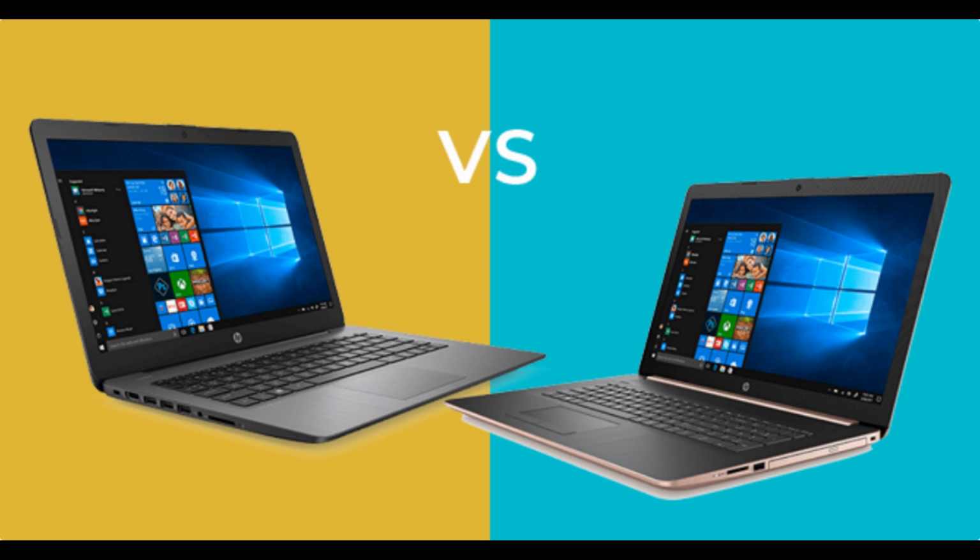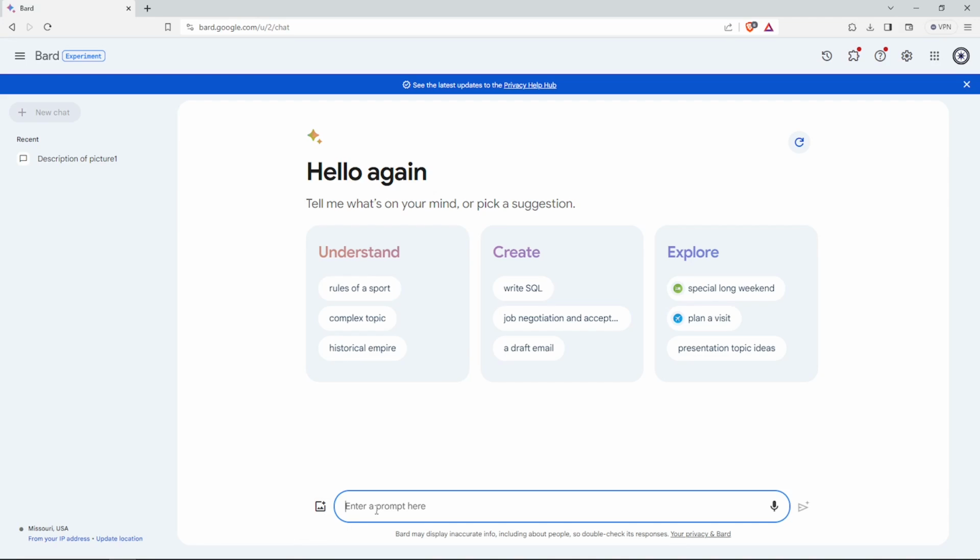the second scenario would be to ask Bard to compare two products in one image and then advise us on which one to buy.